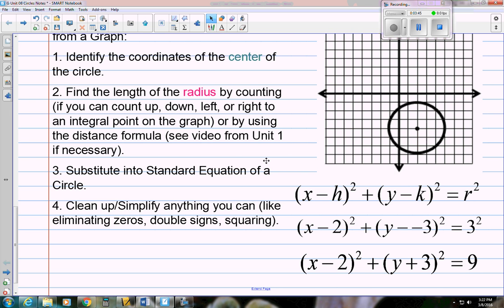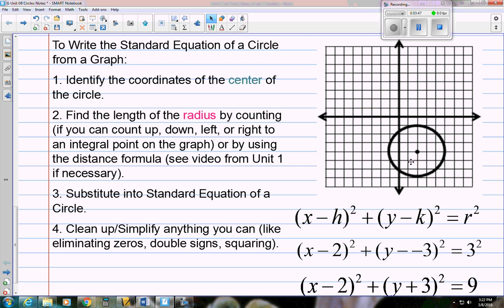And we're also going to have to do the opposite, which is to take the graph of a circle and then write it in standard form. So the first thing we want to do is identify the coordinates of the center. So this center is at 2, 1, 2, 3. It's actually at -4. So that's just great. But this should be -4. Sorry about that.